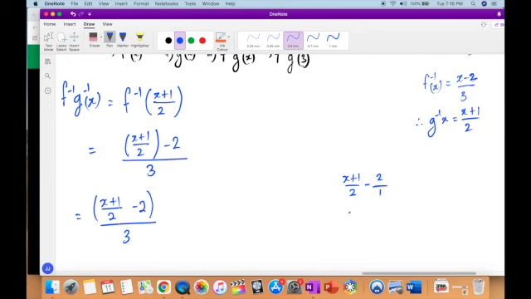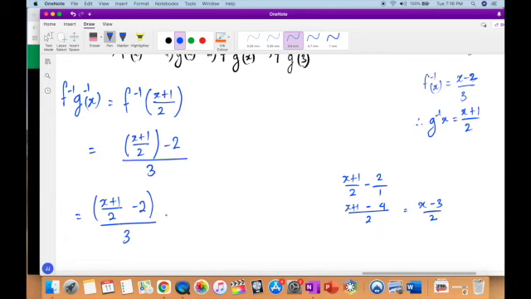So we know how to do fractions. You multiply the denominators, 2 times 1 is 2. And then you cross multiply. So x plus 1 times 1, that is x plus 1. And then minus 2 times 2 is 4. So what do I have here? x plus 1 minus 4. 1 minus 4 is what? x minus 3 over 2.